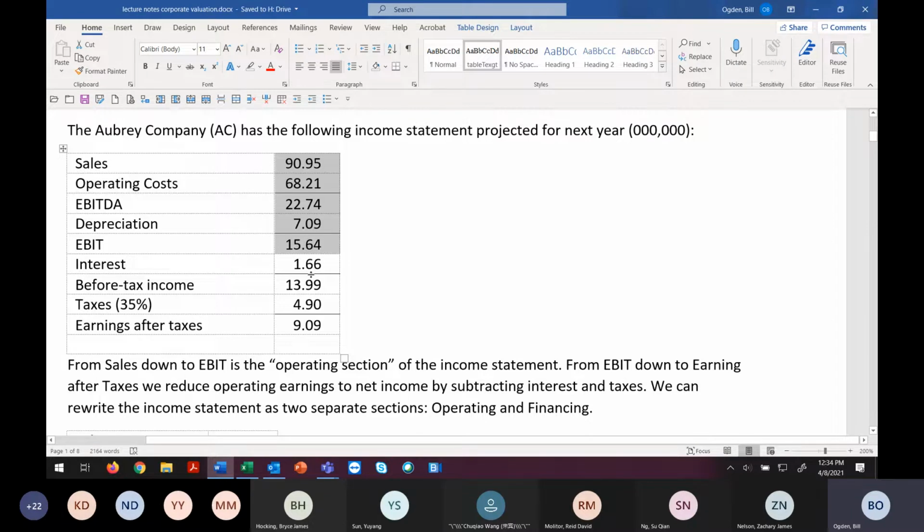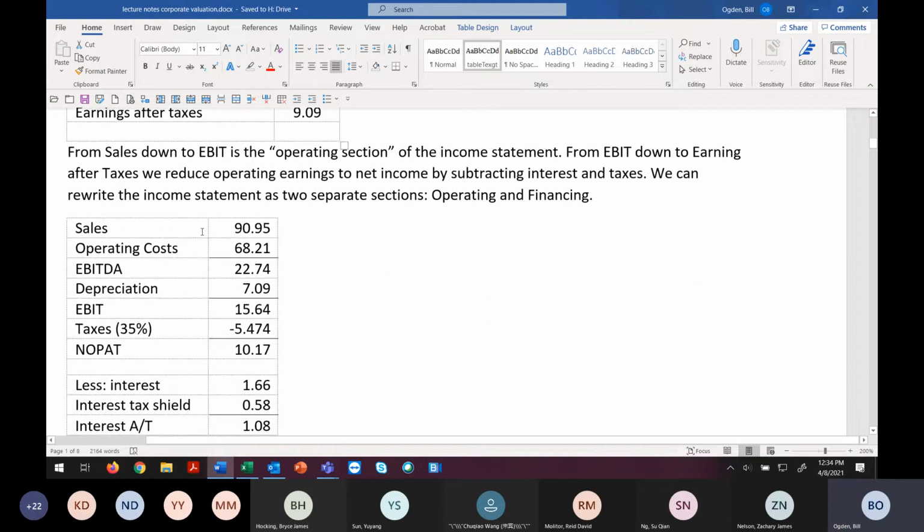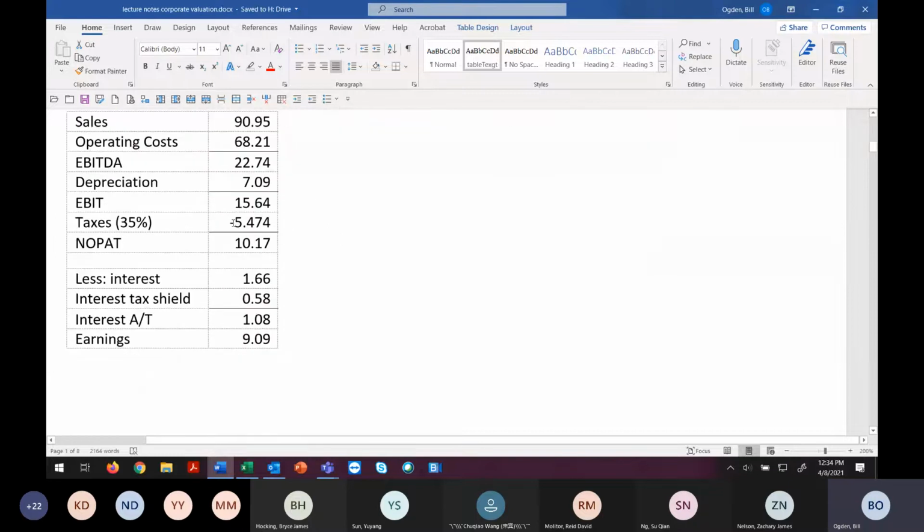All right, so what I'm going to do next is going to show you the procedure we'll follow. So I can break this income statement up into two parts. Okay, I'll stop at EBIT, okay, and then instead of taxing what would be income statement taxable income, I will calculate taxes directly on EBIT.